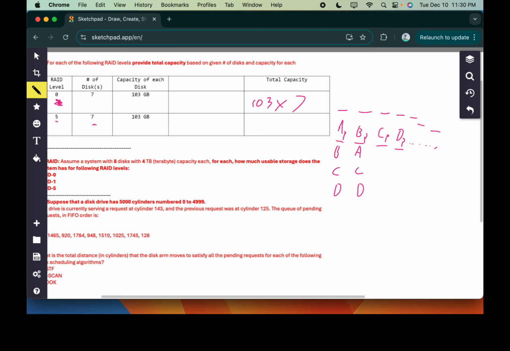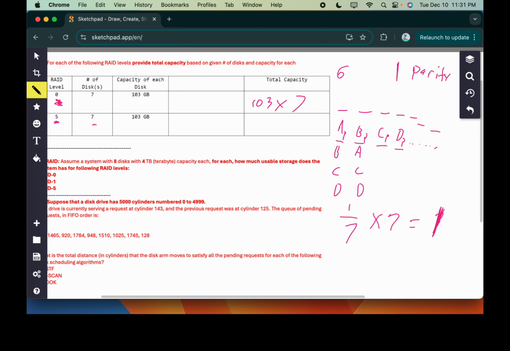How many disks are there? 7. There's going to be 7 pieces of parity. 1/7 times 7 disks is 1. Therefore, RAID level 5 is also 1 parity.